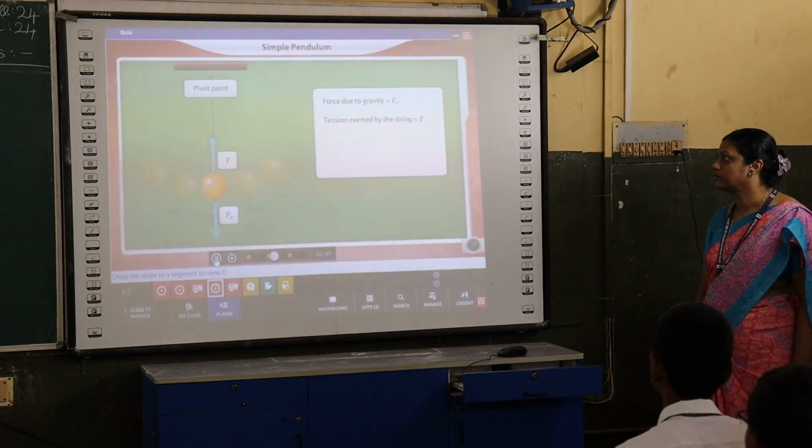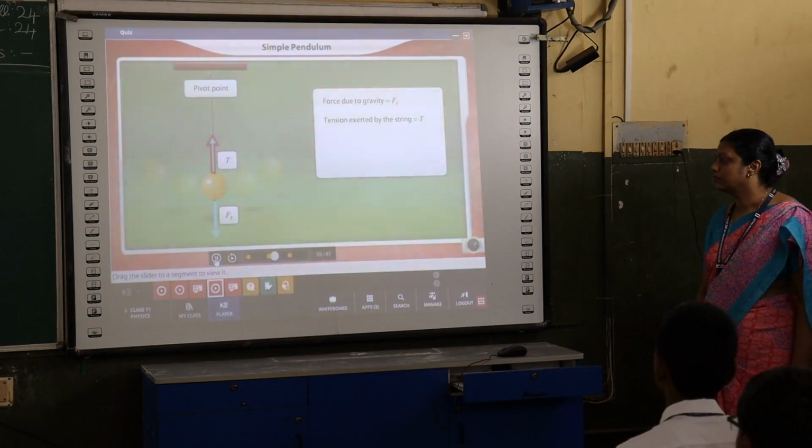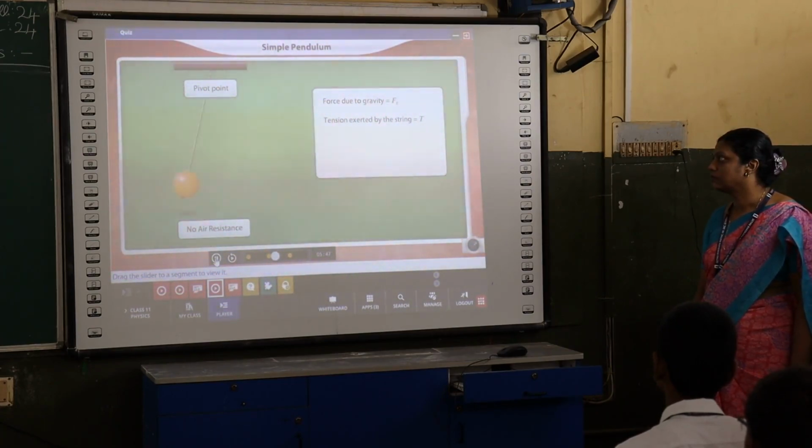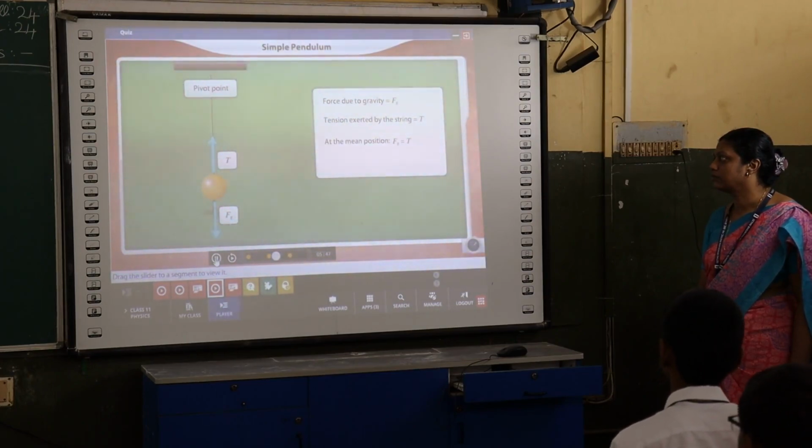The tension is always directed towards the pivot point of the simple pendulum. We assume that there is no air resistance to the motion of the simple pendulum. When the ball is at its mean position, the downward force due to gravity is cancelled by the tension.